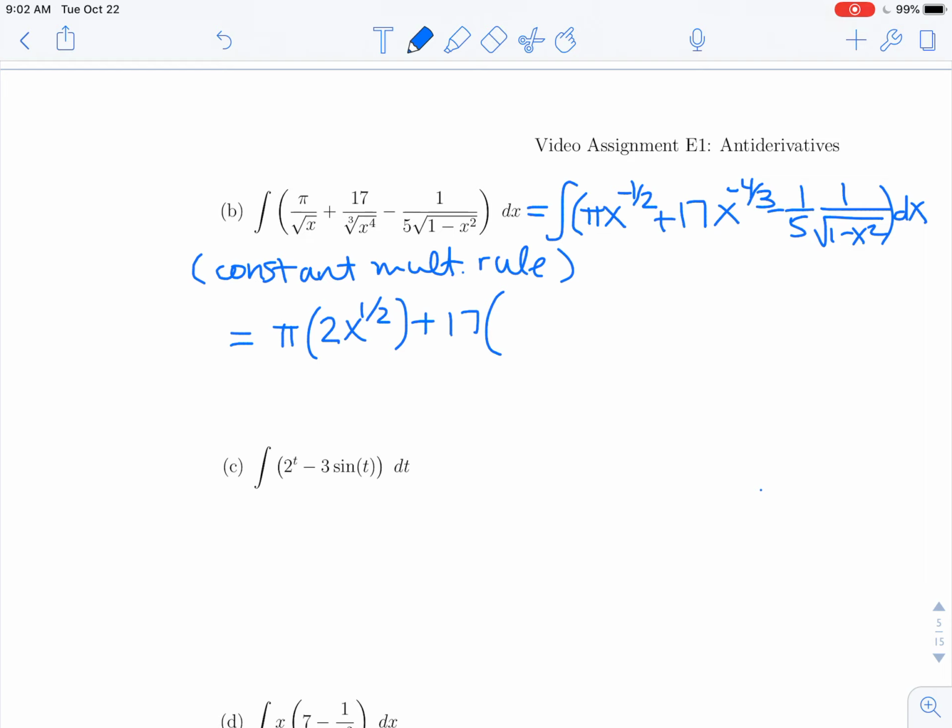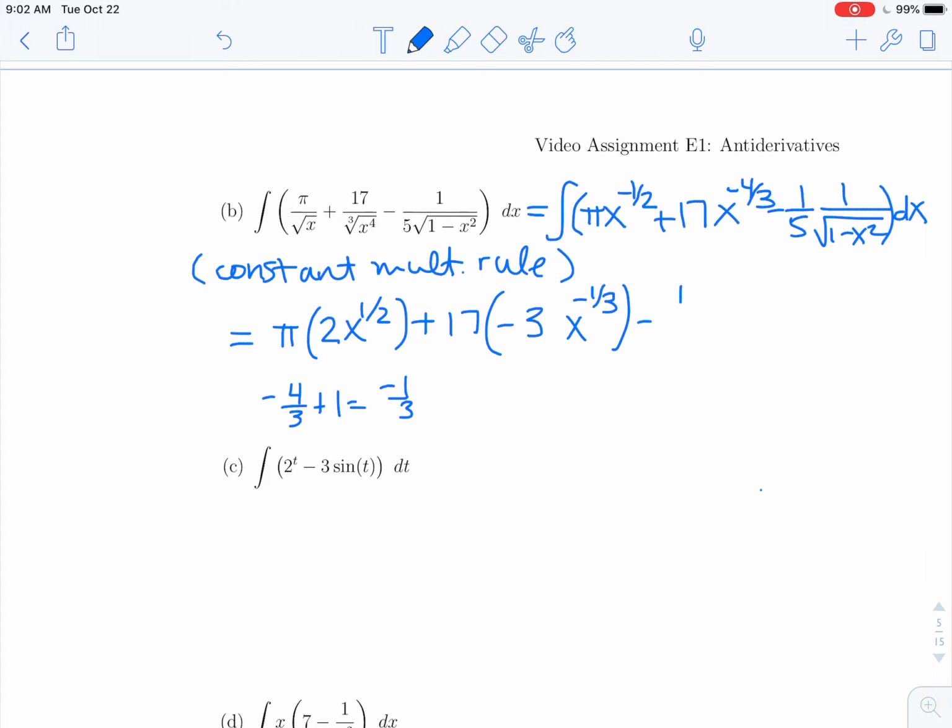Okay, so let's do some scratch work here. Negative 4/3 plus 1 is negative 1/3. And so our new exponent is going to be negative 1/3. And what's supposed to go in front, according to the power rule, is your new exponent, but flipped. And so that actually becomes a negative 3 when you flip it.